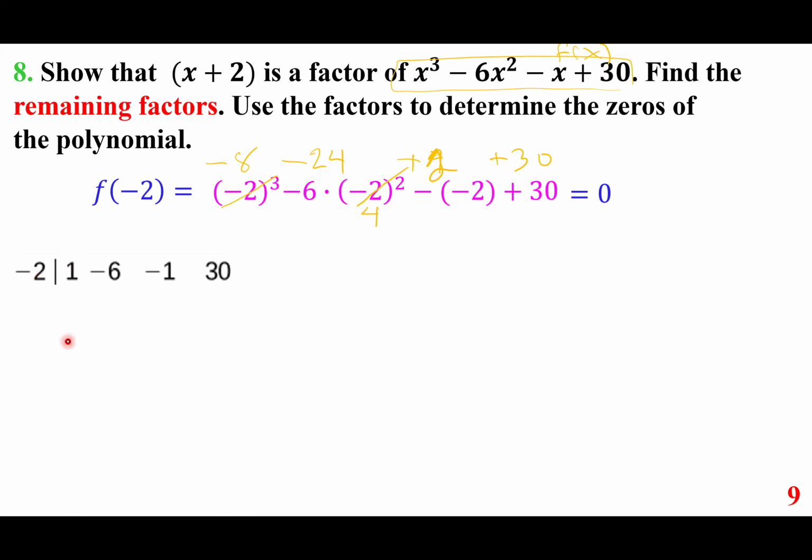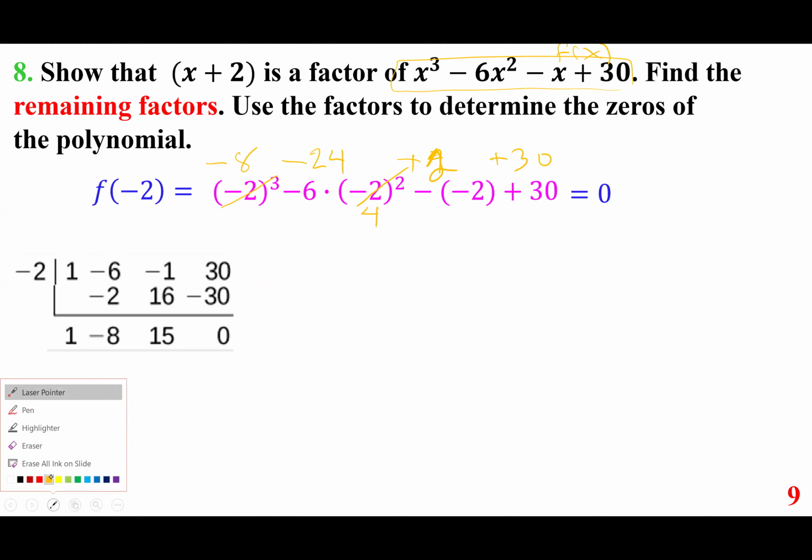So 1 drops, then multiplied by negative 2, negative 2. They add up to negative 8, and so on. So take a look at what happens. 1 drops, you always multiply by negative 2, you get negative 2. This adds up to negative 8.